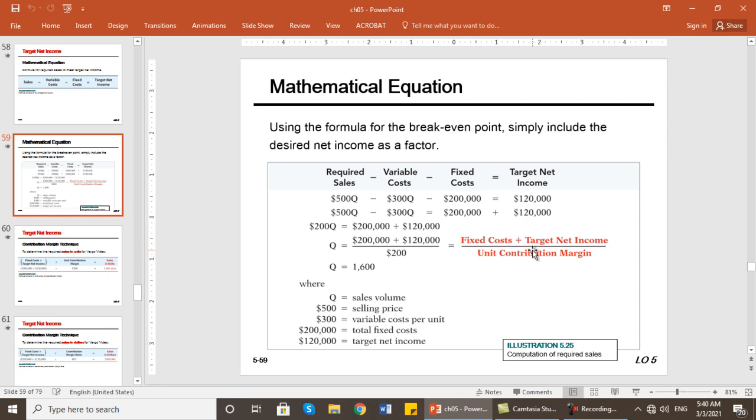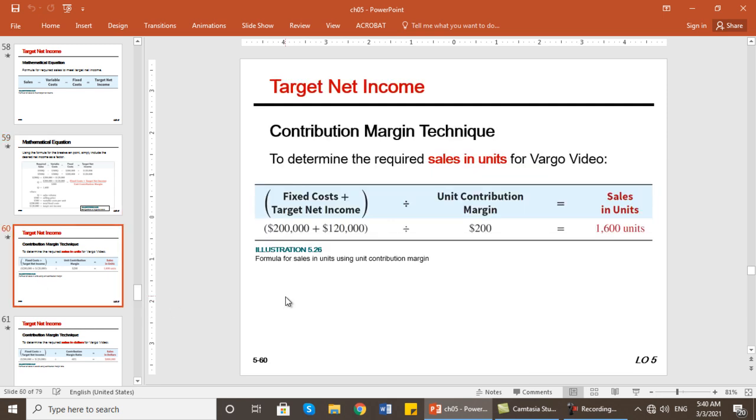Quantity equals fixed cost plus target net income divided by unit contribution margin. This is the formula for sales in units using unit contribution margin.